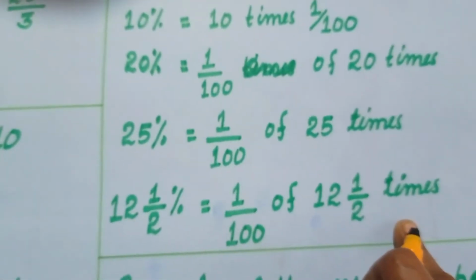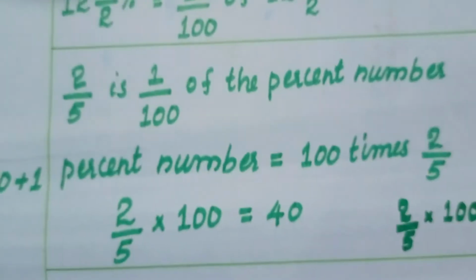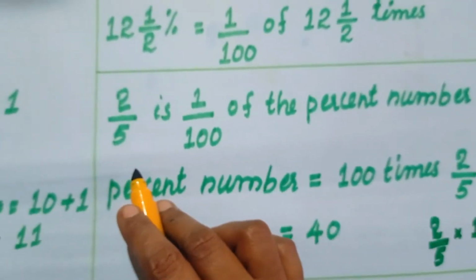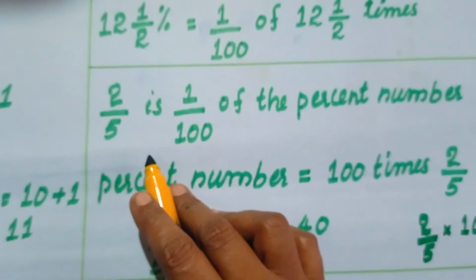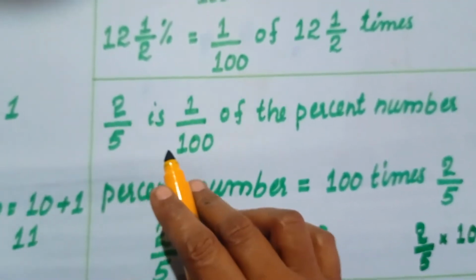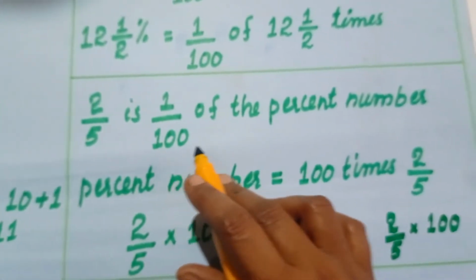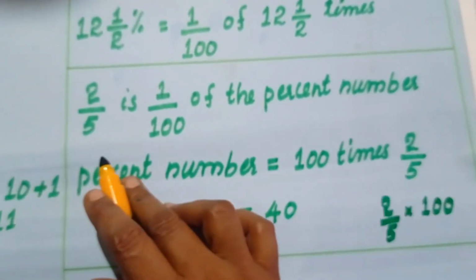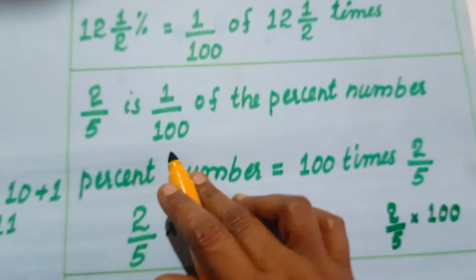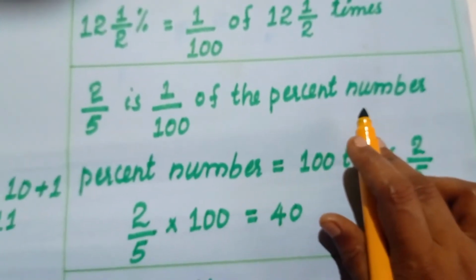For example, let us compute what percent of something 2 by 5 of it gives. Here 2 by 5 is 1 by 100 of the percent number.